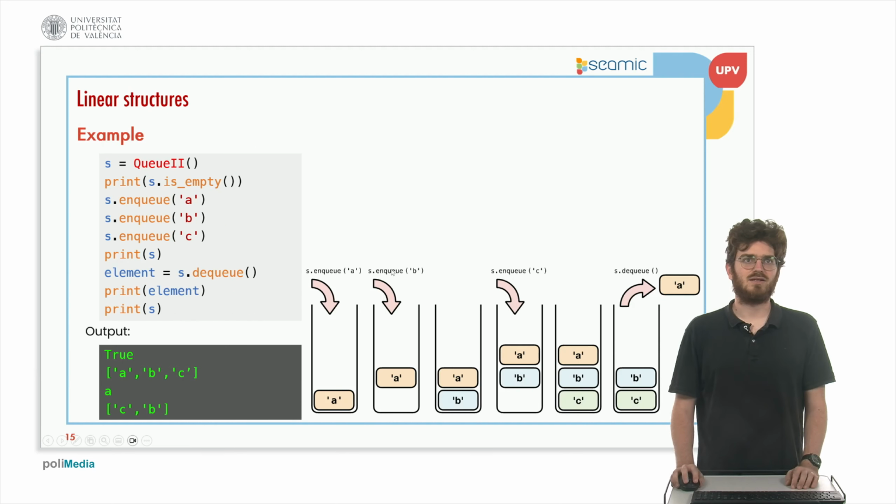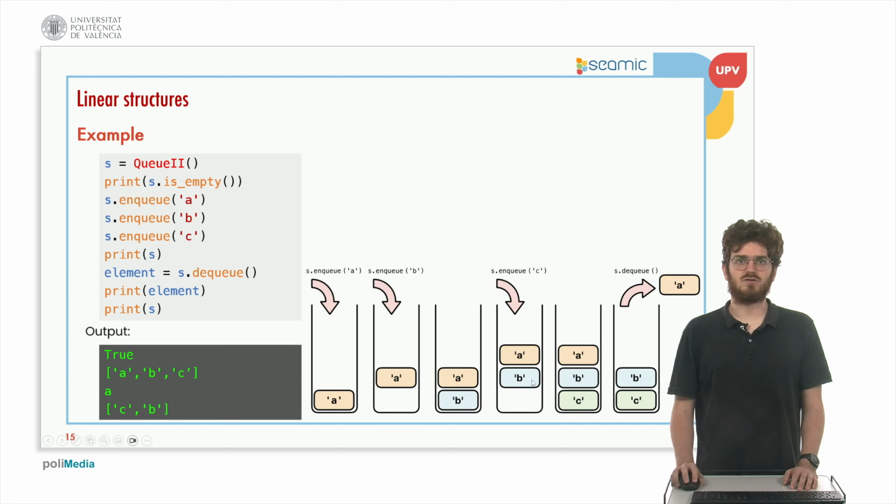Let's see why. If we create a queue from the Queue2 class, we can see that it is empty at the beginning, add three elements, and when adding is where we see the problem. When we want to insert at the first position, when it's empty, it doesn't matter, it goes in. But in the second one, we have to move every element upwards and then insert the element, and so on and so forth.